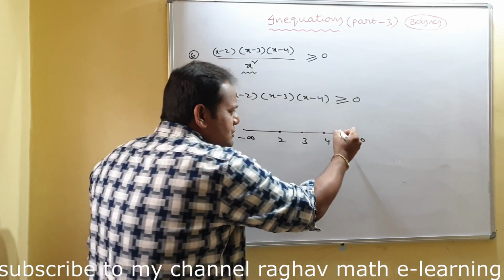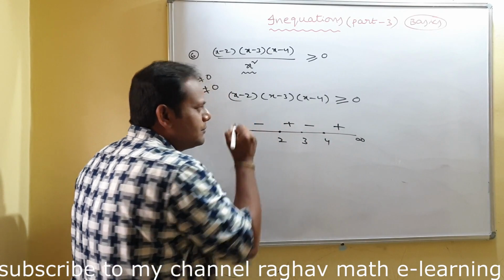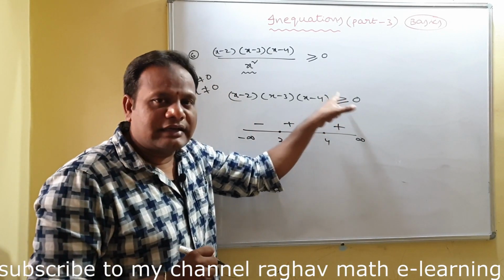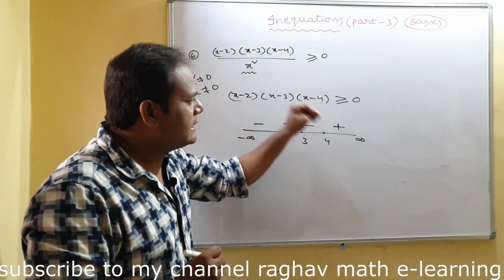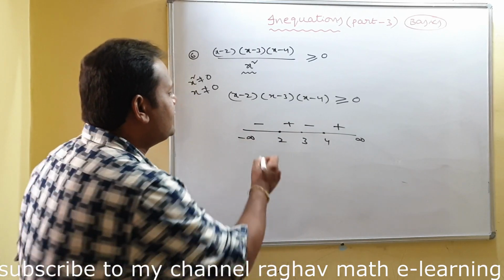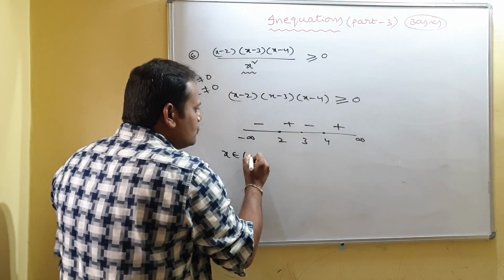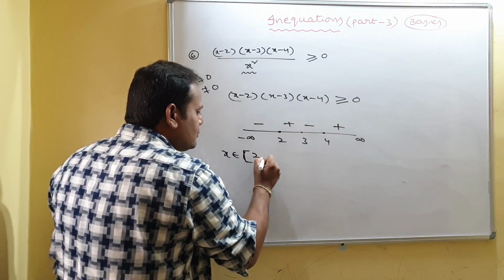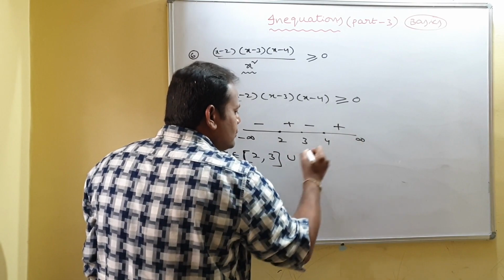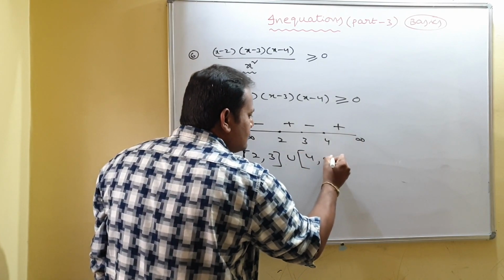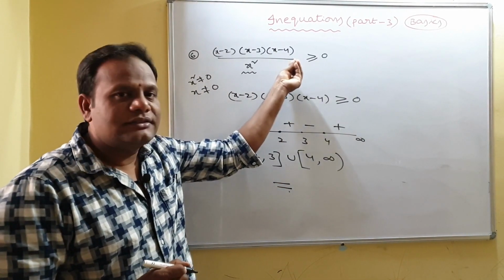Now in the rightmost interval you take plus, here minus, here plus, here minus. What we want? Greater than or equal to 0 means it should be positive. So where is it positive? x belongs to closed interval 2 to 3, union closed interval 4 to open interval infinity. So this is the solution set for this inequation.